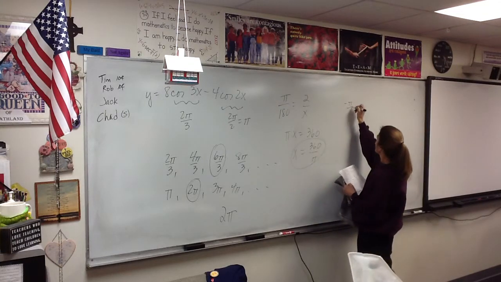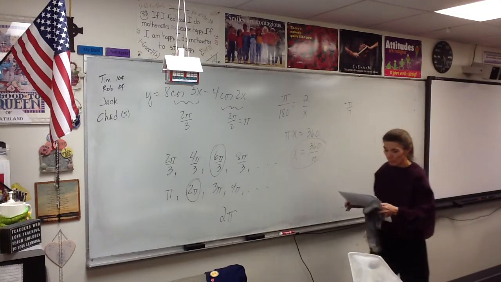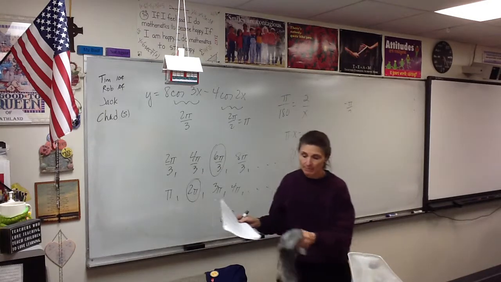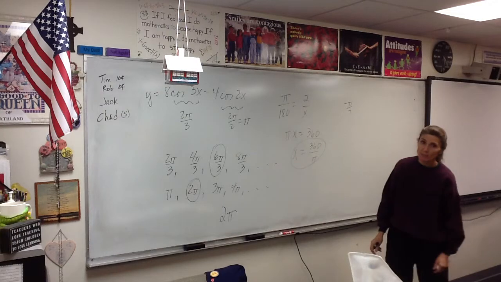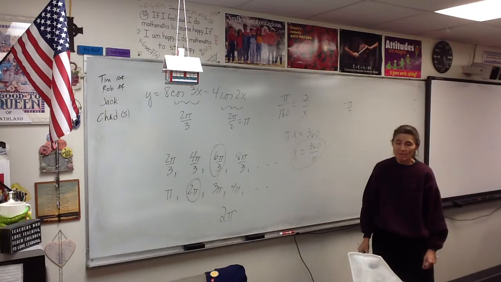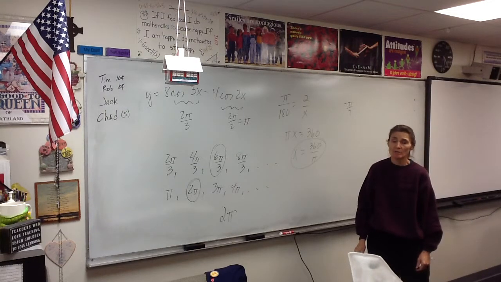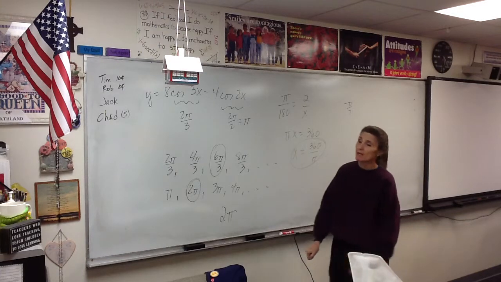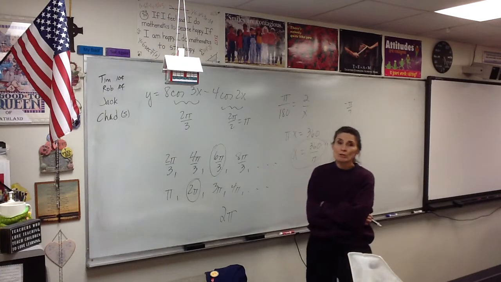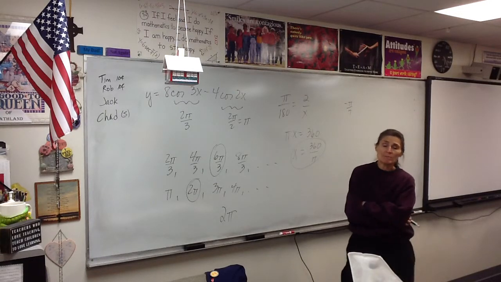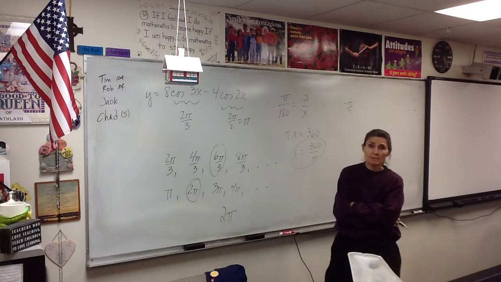Find a negative coterminal angle for negative pi over 7. All right, kids, coterminal angles. How do we find coterminal angles? We've talked about this a lot before Christmas mainly. To find coterminal angles, we add or subtract revolutions.